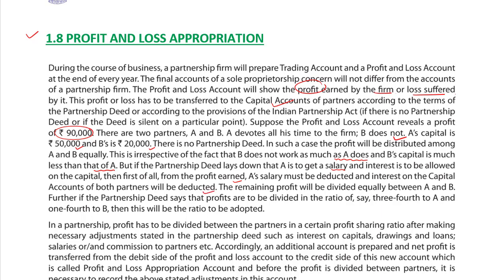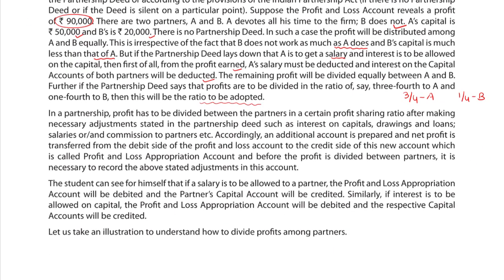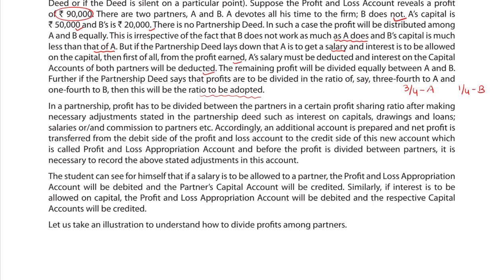The remaining profit will be divided equally between A and B. Further, if the partnership deed says that profit is to be divided in the ratio of 3/4 to A and 1/4 to B, then this will be the ratio to be adopted. But we need to decide it beforehand in a partnership deed.